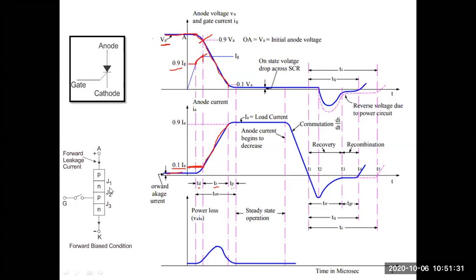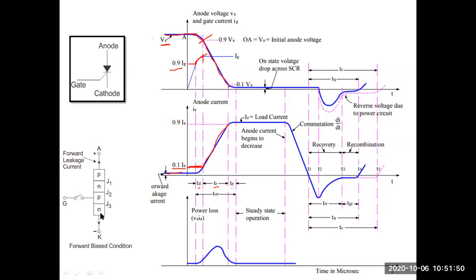So junctions J1, J2, J3 will be completely forward biased at the last stage, that means at the final state. Since all the junctions are forward biased, maximum current will flow between these terminals, from anode to cathode.